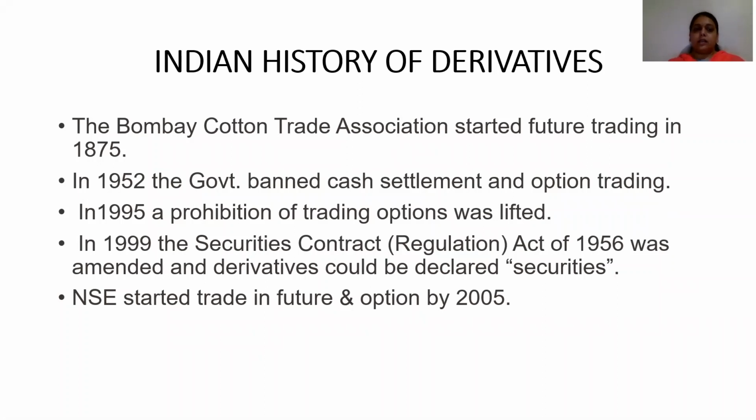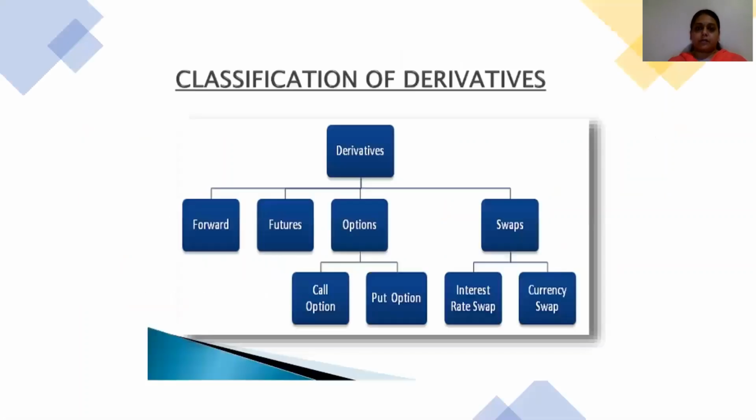In 1999, the Securities Contract Regulation Act of 1956 was amended, and derivatives could be declared as securities. In NSE in 2005, trading in futures and options started. In this way, derivatives came into the market and were recognized by different players.